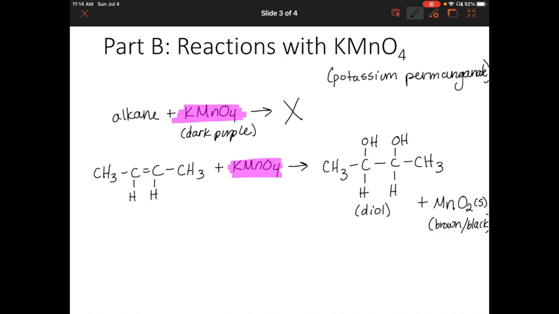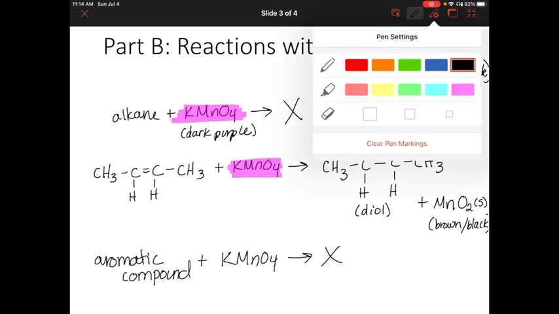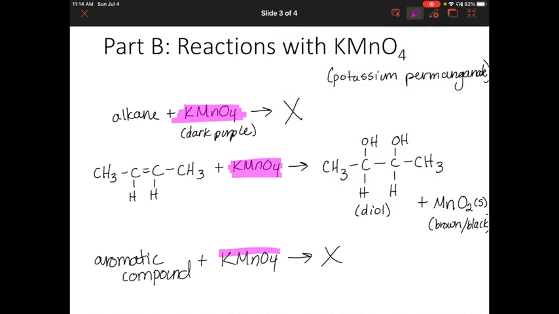Now our last sample, which is an aromatic compound, is similar to an alkane up above in that it doesn't react with potassium permanganate. So we're just going to see that purple color persist.